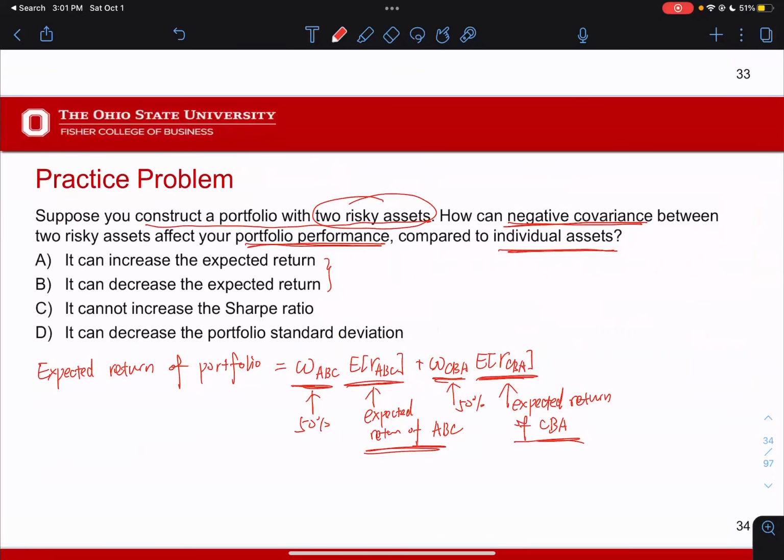And the weights are just how you split your money. It doesn't matter with the volatility or the standard deviation. As a result, the negative covariance between the two risky assets has nothing to do with your portfolio expected return because there is no covariance term.